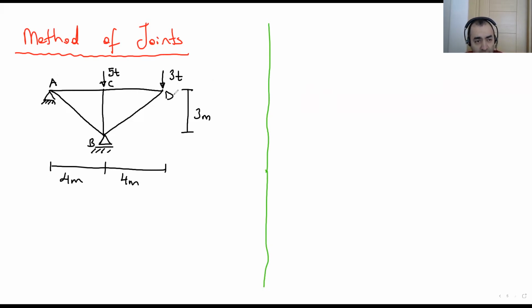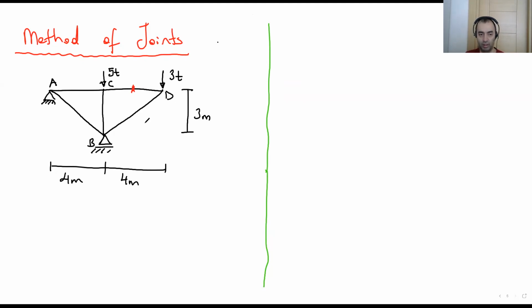The main difference between these two methods is if we are seeking each member's forces, we use method of joints. If you need only one member's force, or just a few forces, then we use method of sections or Ritter's method.